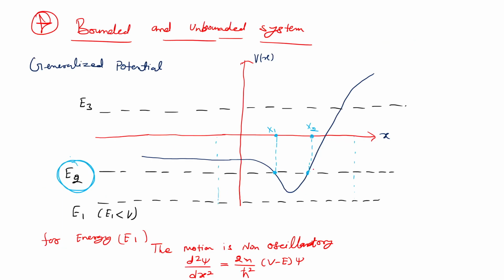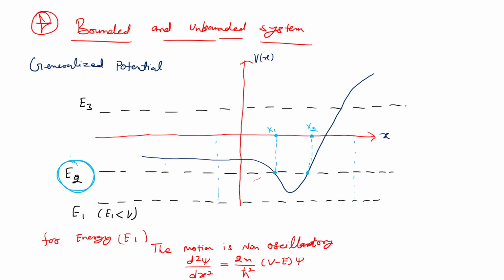One is x1, another is x2. What is happening at x1 and x2 is that energy becomes equal to the potential energy. So basically kinetic energy is 0, and the nature of the kinetic energy is also changing.